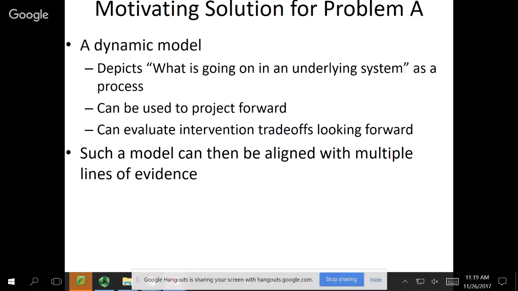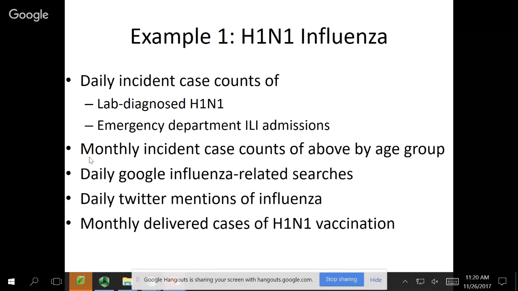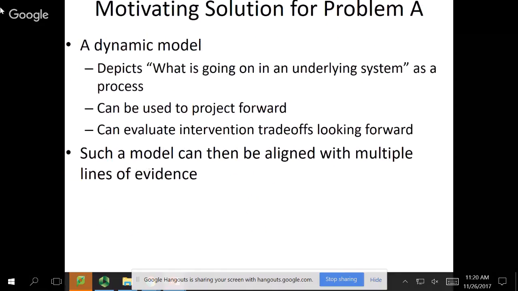If we could inform such a model with these multiple lines of evidence, if we could take these multiple pieces of evidence that we talked about earlier, for each of these examples, if we had some way of knitting these together to give a picture within a model of the current situation, in many ways, that will be like constructing that 3D image using CAT scan data or MRI data, because the model depicts the system as a whole.